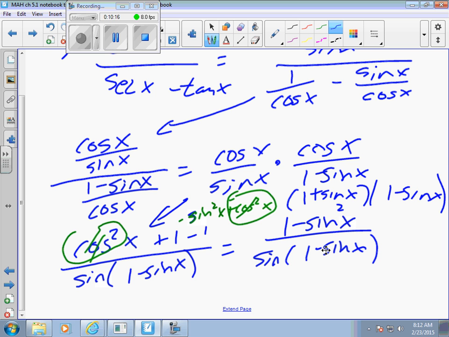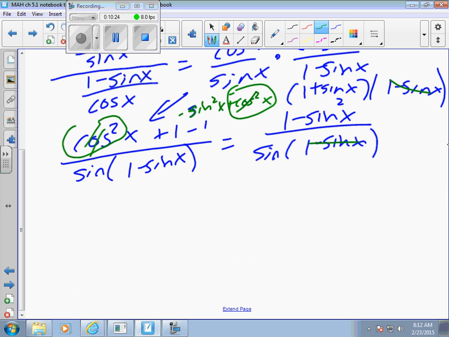The 1 minus sine x, 1 minus sine x, they cross out, and I'm left with, in blue, 1 plus the sine x, all over the sine of x.